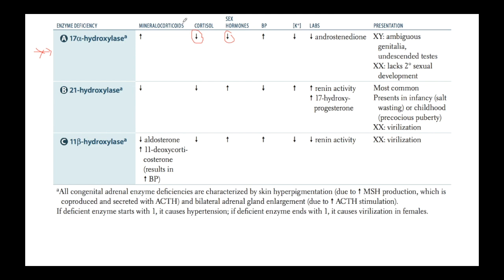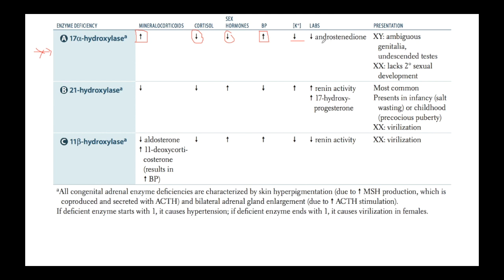So we were only able to produce our hormones within the glomerulosa, which is why we have only an increase in mineralocorticoids. And because of that, we are going to see an increase in blood pressure and a decrease in potassium also.